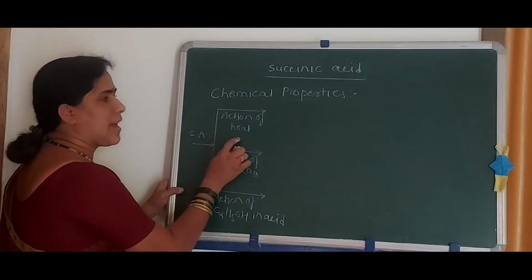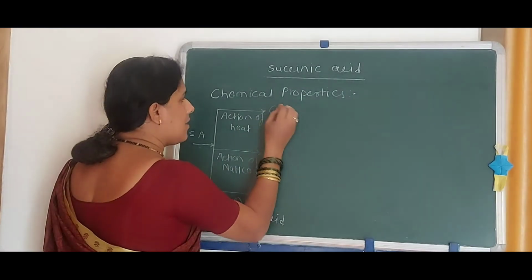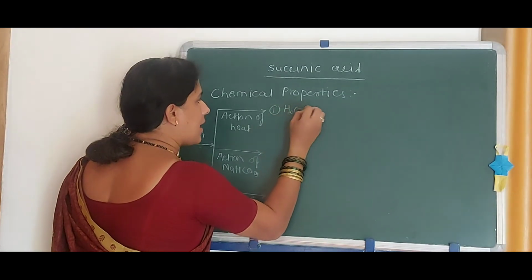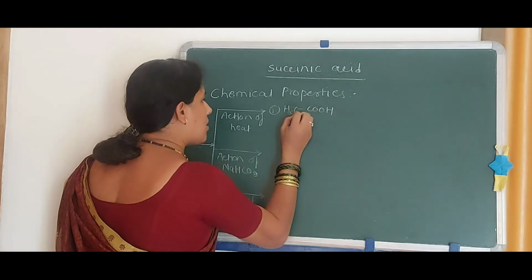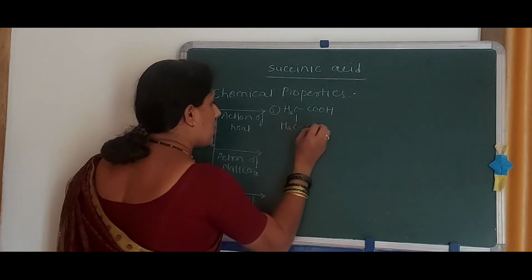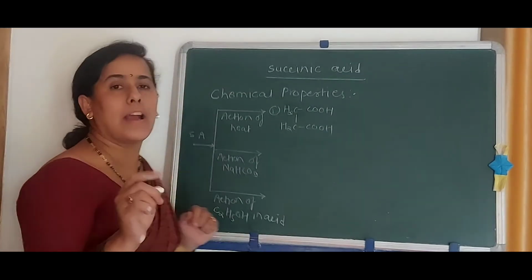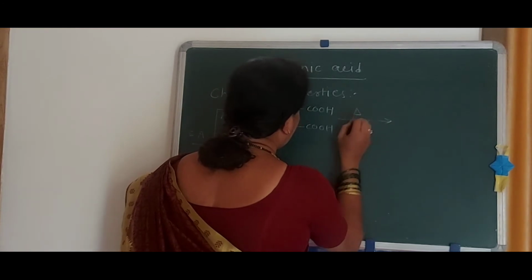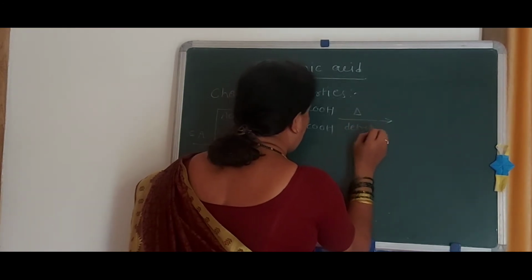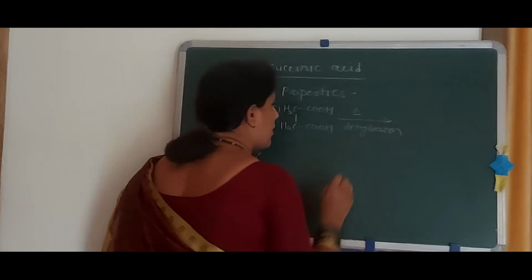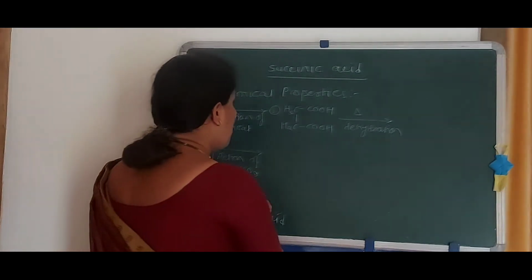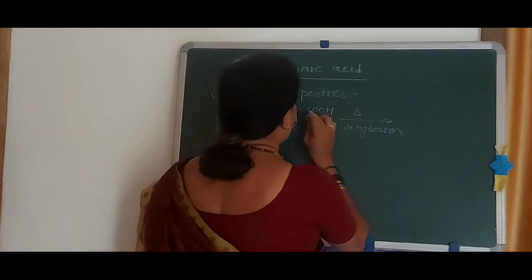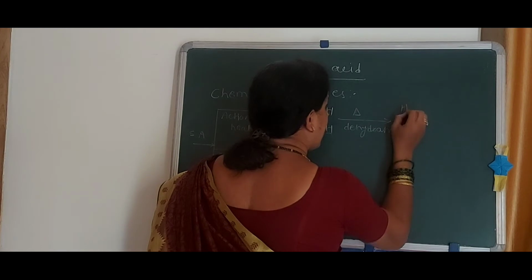First, succinic acid, action of heat. First reaction here, that is CH2. For simplicity, I can write here CH2COOH, CH2COOH. Action of heat. On heating, it loses one water molecule. It undergoes dehydration reaction. Now this is OH, this is H. What is remaining here? Formation of an anhydride.